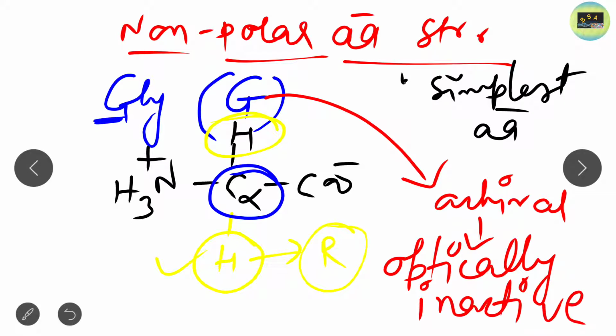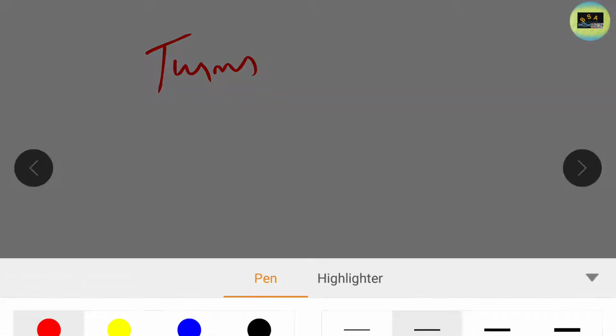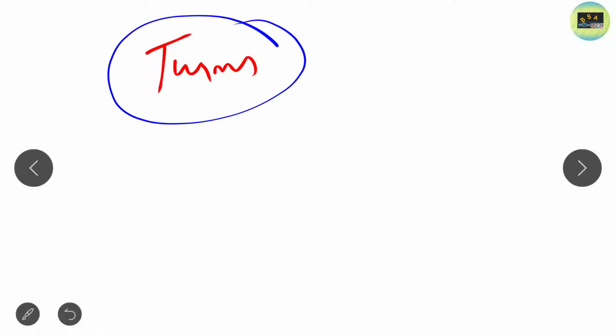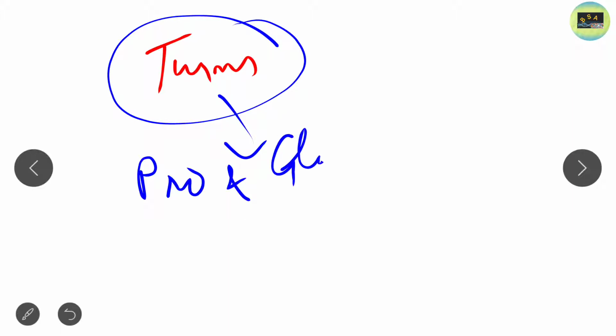Clear? So this is about glycine. One more important thing about glycine is that glycine is majorly present in turns. Especially proline and glycine are majorly present in turns.